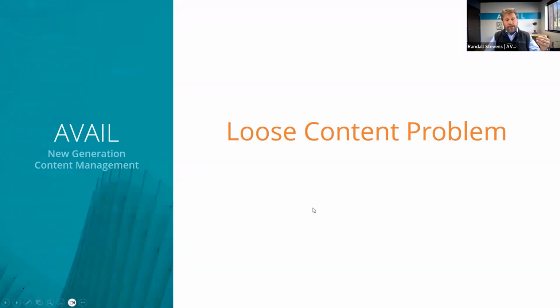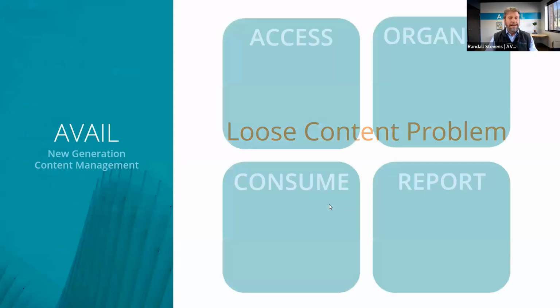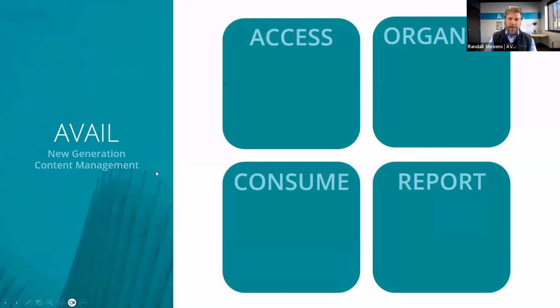So I'm excited to preview some of the new features that we're working on for the next major release of AVAIL. And as soon as I run through this on the slides, I'm actually going to give you a live demo. We're already into writing some code around all of this. For those of you that are new to the AVAIL platform, we are on about a twice a year cycle of releasing major features.